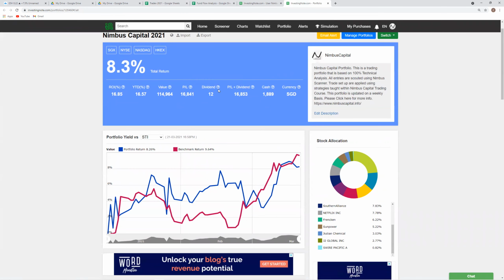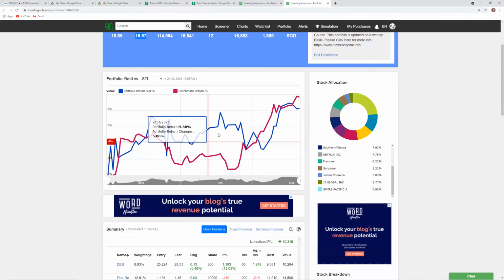Up to date, for the first 3 months, Q1 of 2021, my portfolio has returned close to 17%, 16.5% on my total position on all my trades. I'm not really sure how this 8.3% total return is calculated, and I don't think this chart here is very reflective of the performance of the portfolio, because I have no idea where that 8.3% comes from.